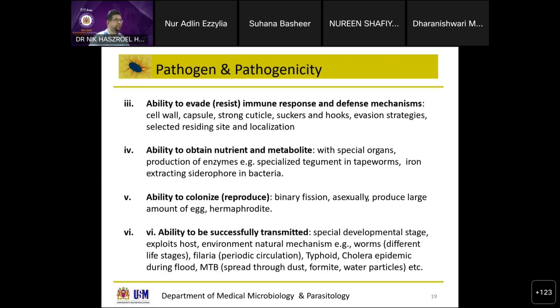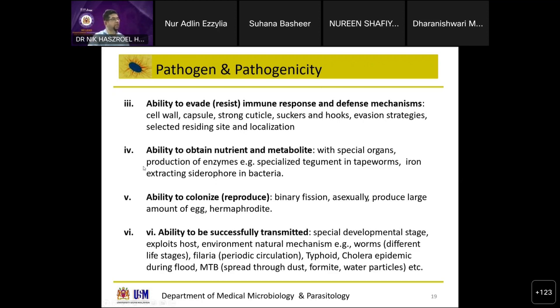So once they invade the host, they need to be able to resist the host immunity. They have certain properties: bacteria have a cell wall. Some bacteria like Streptococcus pneumoniae have a capsule. Some parasites have a strong cuticle. Tapeworm have suckers and hooks. So they all have evasion strategies, and they select certain sites and tissues to localize in the host.